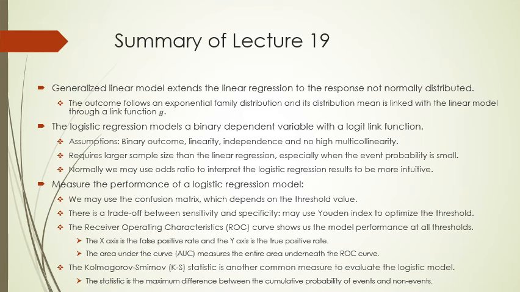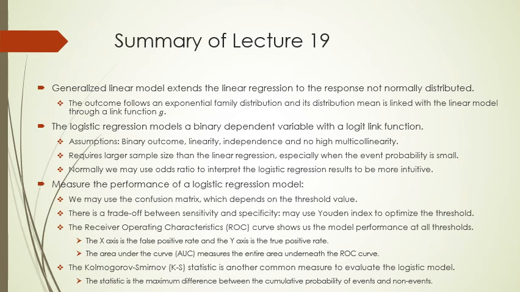The logistic regression also has some key assumptions. First, the dependent variable is binary. Second, there is a linear relationship between the predictors and the logit. Third, the error term is independent.